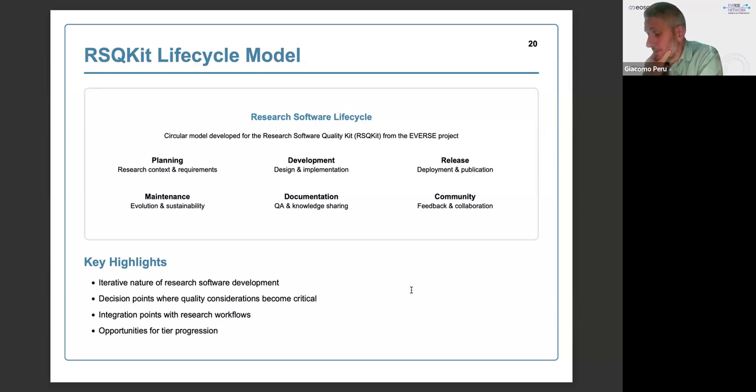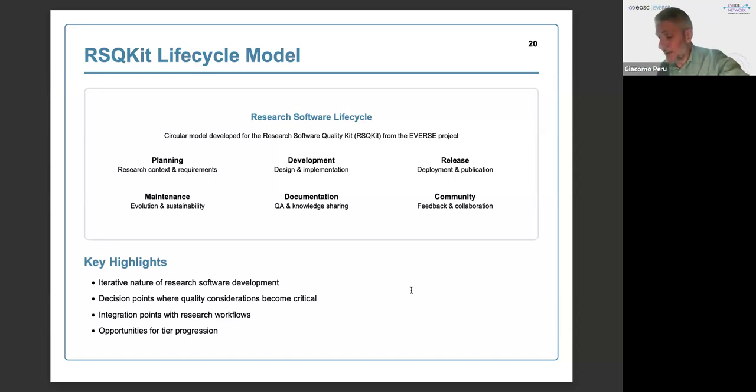Integration points with research workflows ensure software development aligns with research objectives and timelines. Opportunities for tier progression are recognized, helping identify when software might evolve from personal use to broader community adoption.